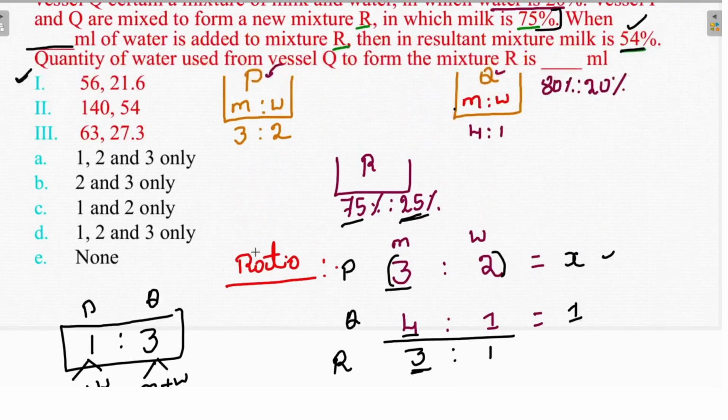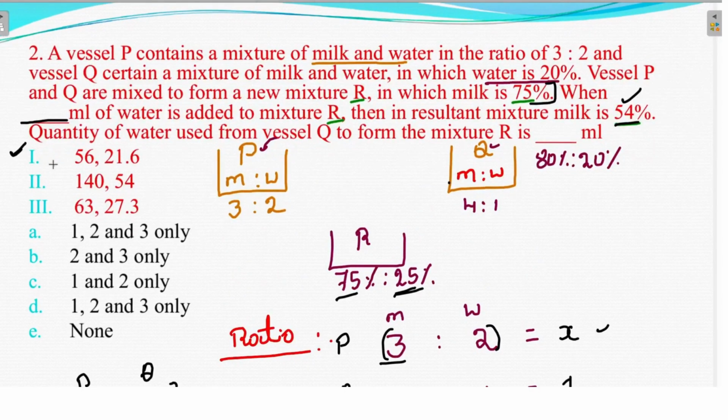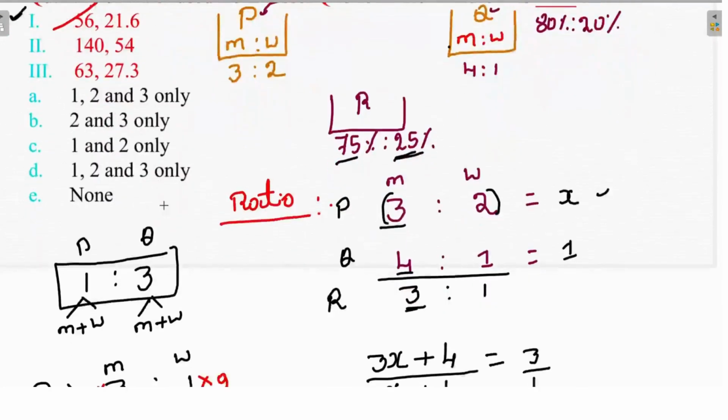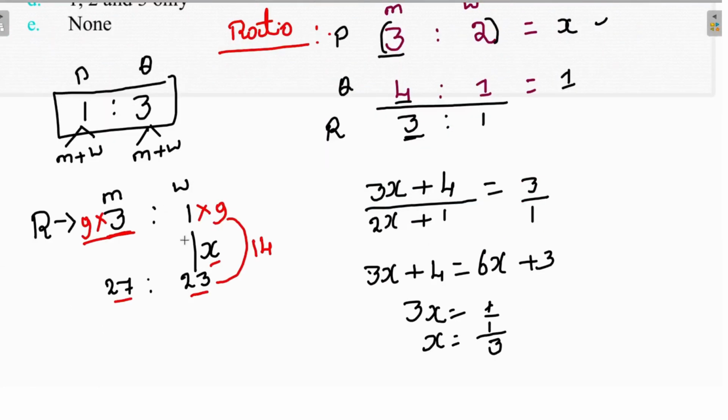Now verify the options. If I take the first option, this will be 56. So if I take that option, we have to check. 14 parts is equal to 56, which means 1 part is equal to 4. Then how much milk and water we have in vessel R before adding, I can find out.